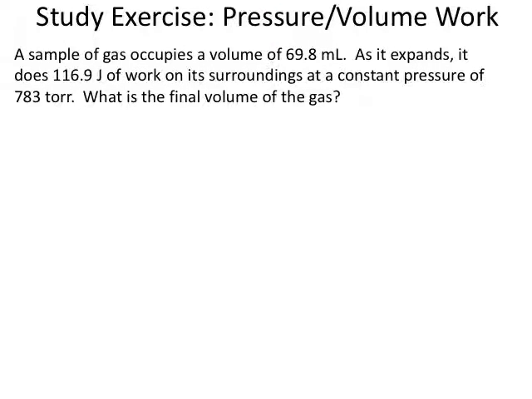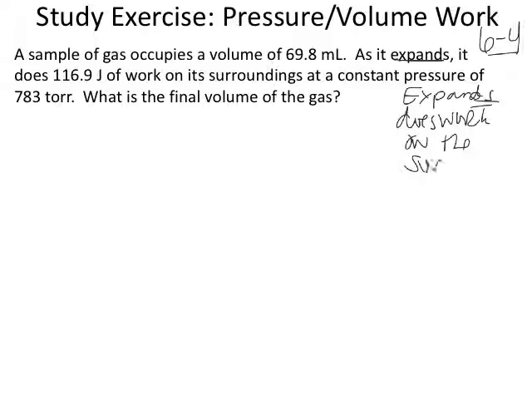This is problem 6-4. A sample of gas occupies a volume of 69.8 milliliters. As it expands, let me just point these words out, it means it does work on the surroundings.